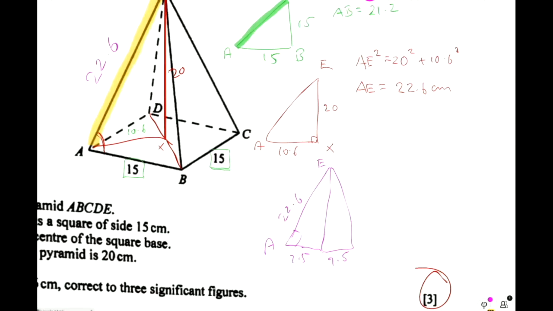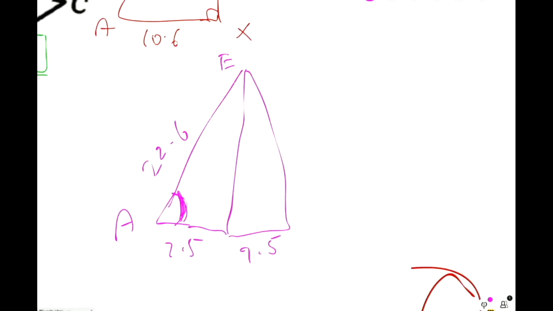Okay, so to find this angle, I have hypotenuse, I have adjacent. So we focus here. I have hypotenuse and adjacent, so it's cosine. Cosine theta equals adjacent divided by hypotenuse.